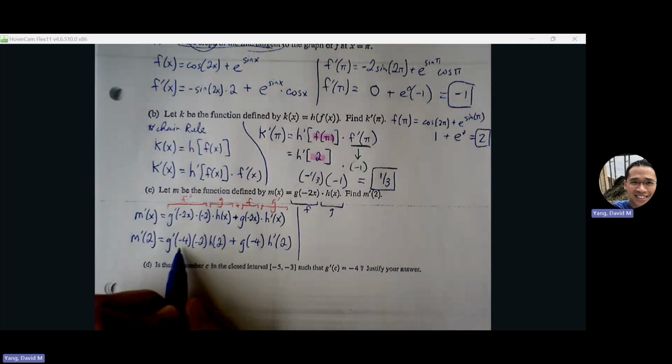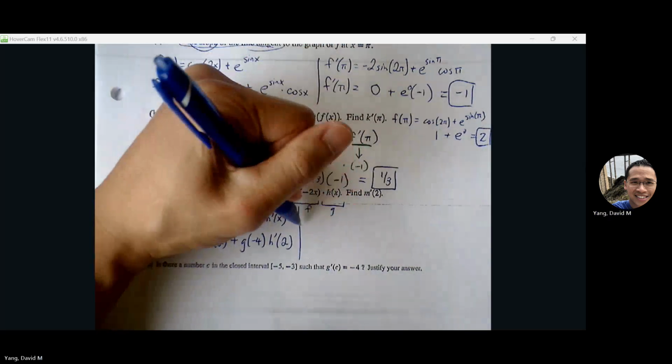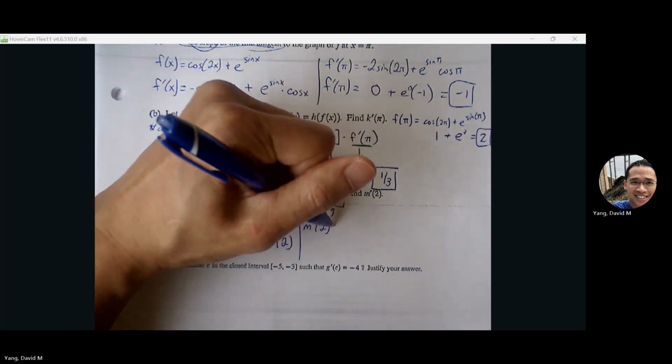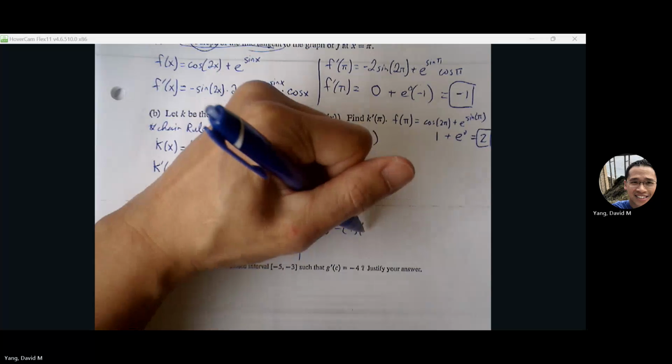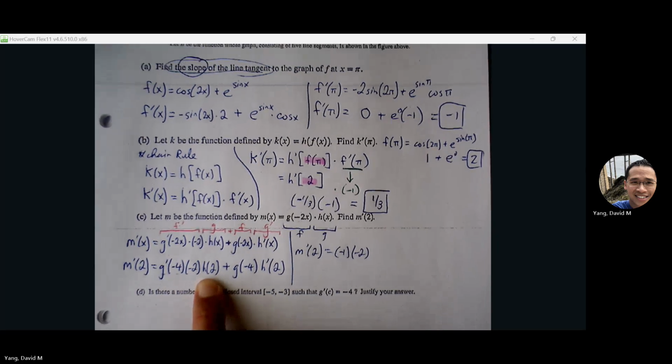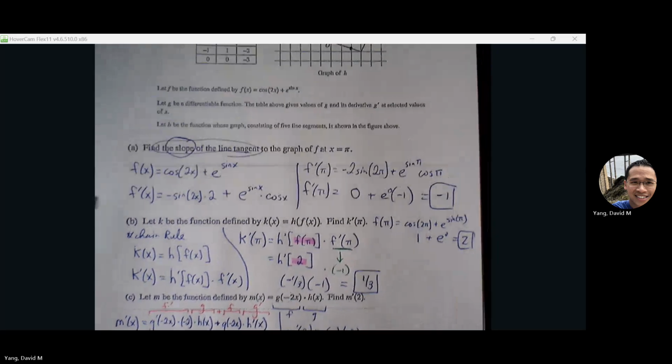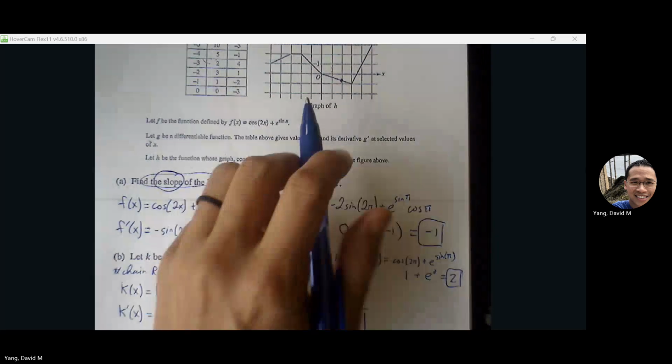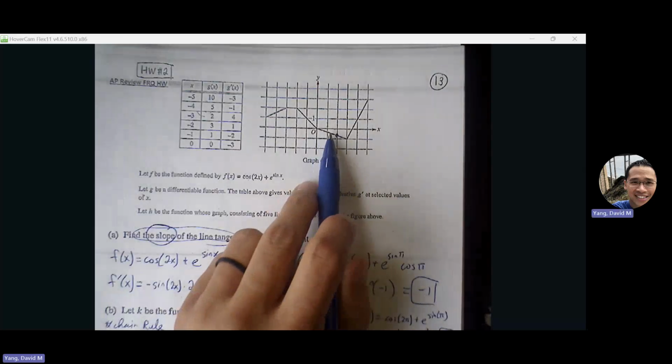Okay, so g prime of negative 4. Where can we look for that? Look at the table. h of 2. Yeah, we're gonna have to kind of estimate here.